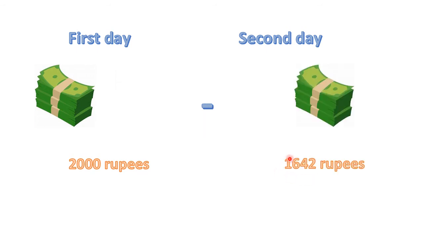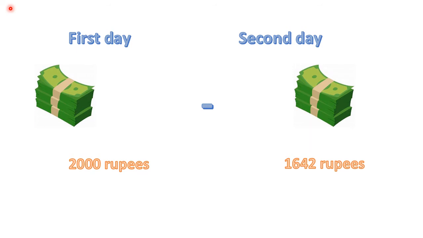Now, on the first day and on the second day, Mohan did something. And that is what the question says: Mohan deposited rupees 2000 on the first day, and on the second day he withdrew rupees 1642.